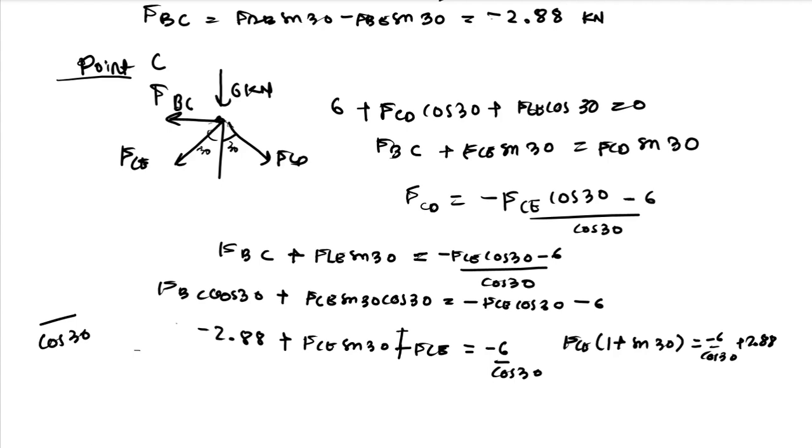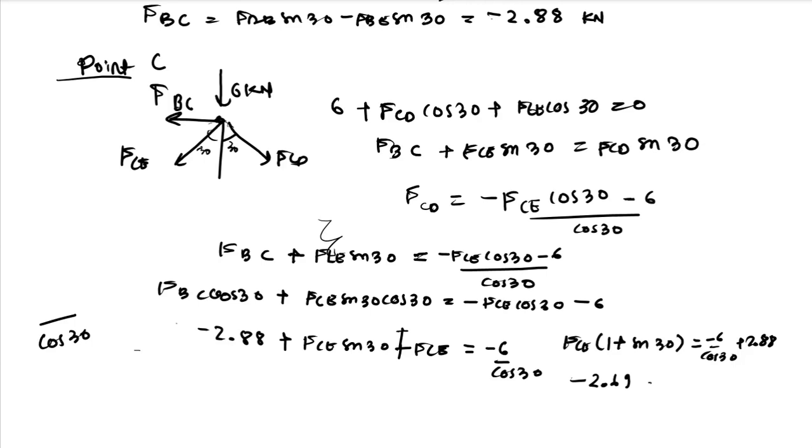If you calculate this, minus 6 divided by cos 30 plus 2.88, divided by 1 plus sin 30, we have minus 2.69. So minus 2.69 becomes our FCE.